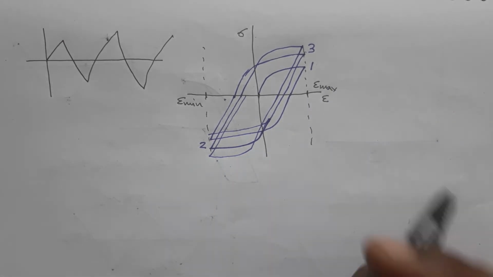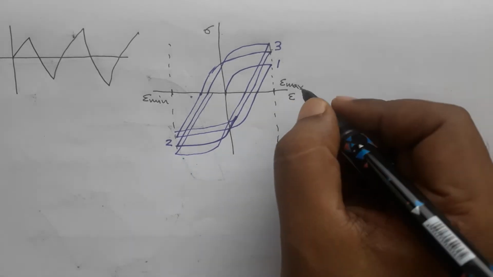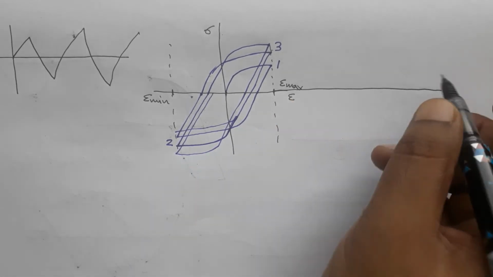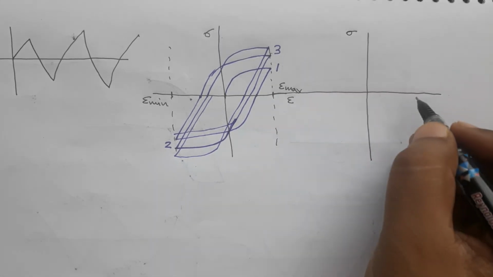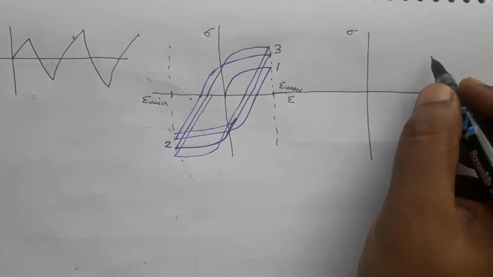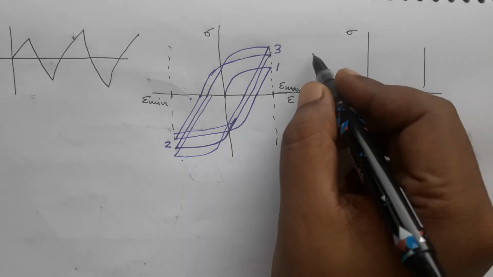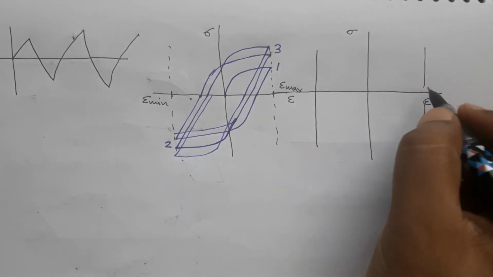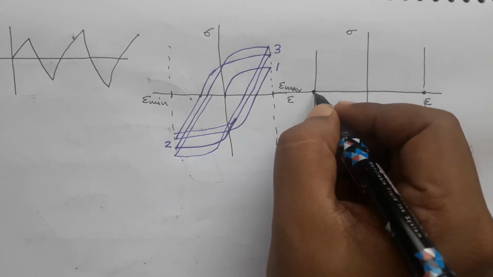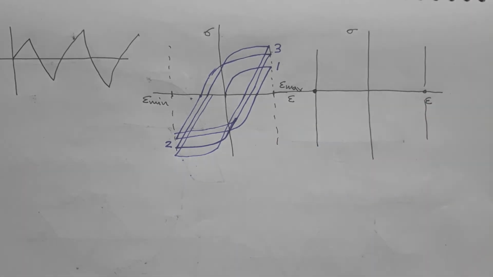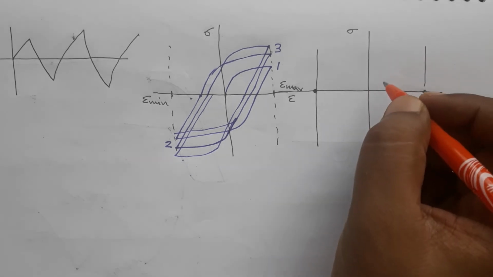So let me extend this part, and we have stress and we have strain, and we again fix the amplitude of strain. So this is my epsilon max, this is my epsilon min, okay, and in this case what do we have?